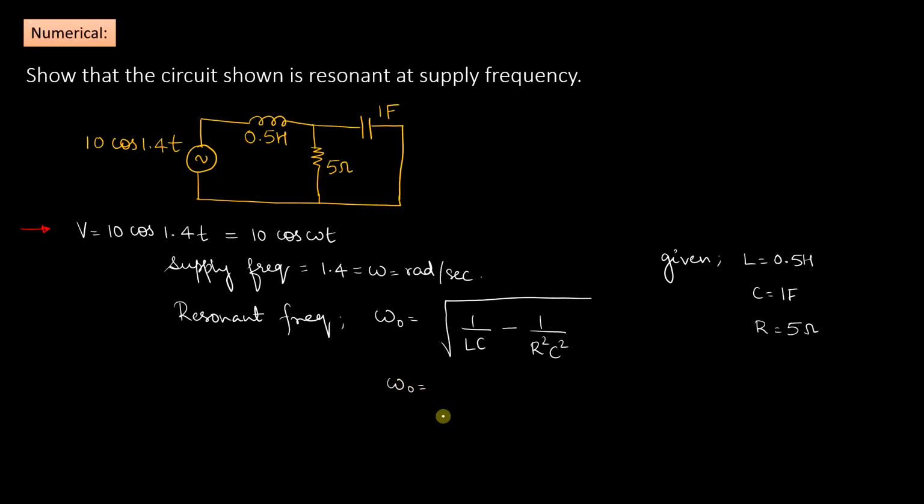So omega naught is equal to square root of 1 by 0.5 into 1 minus 1 divided by 5 square into 1 square. See what you get.